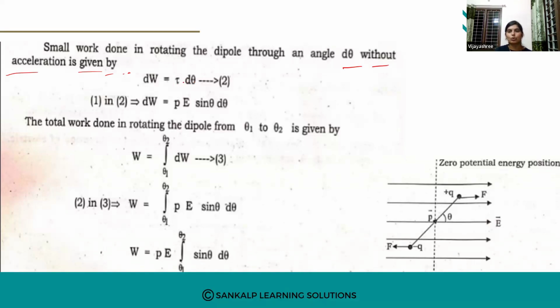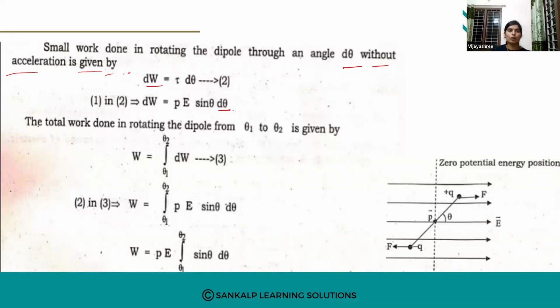Tau can be written as, what did we write in equation number 1? P into E into sin theta. So dW can be written as PE sin theta into d theta.